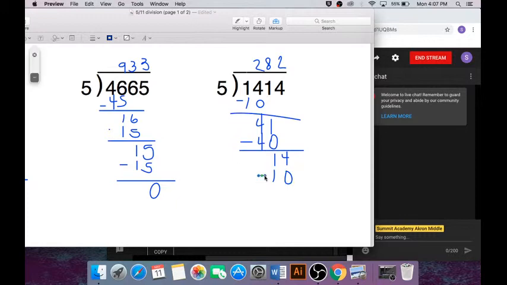So we're going to subtract 14 minus 10 is 4. We don't have any other numbers to bring down, so we're going to make this a remainder 4. So our answer is 282 remainder 4.